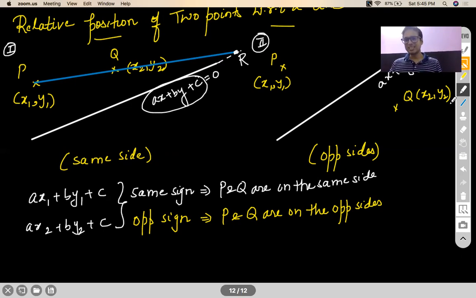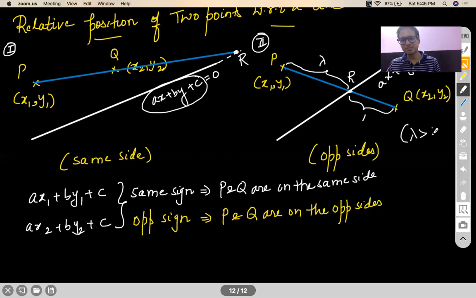Whereas in case 2, when you join P and Q, right, then the line would be internally dividing the join of P and Q. Are you getting my point? So if I claim this to be lambda is to 1, here my lambda would be positive.